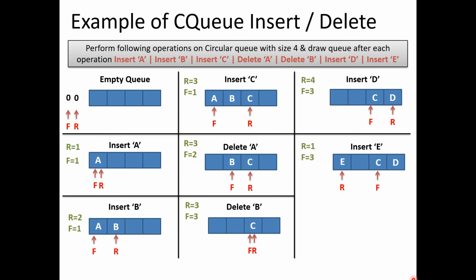Which is the problem of simple Q. In simple Q, we can't insert element E at that position because we can't reset our rear from the last position to one position. But in circular Q, we can reset our rear from N to 1 and we can insert the element in Q. So now our R is equal to 1 and F is equal to 3.